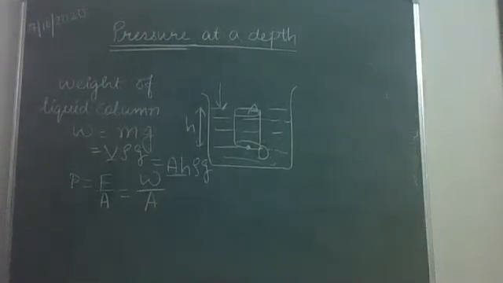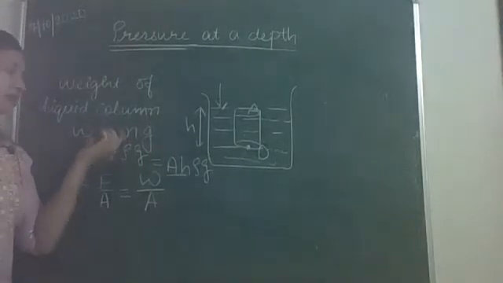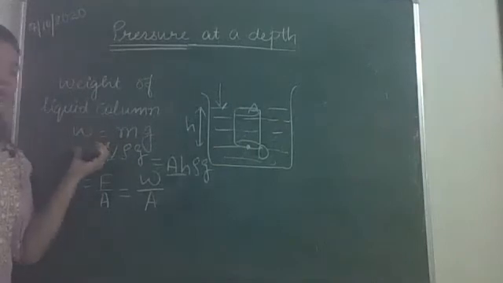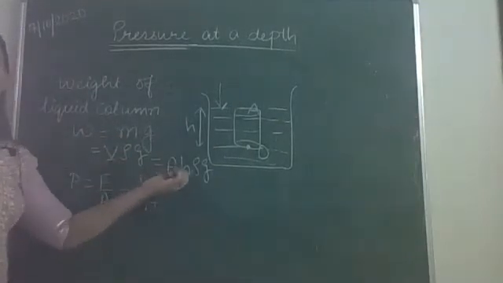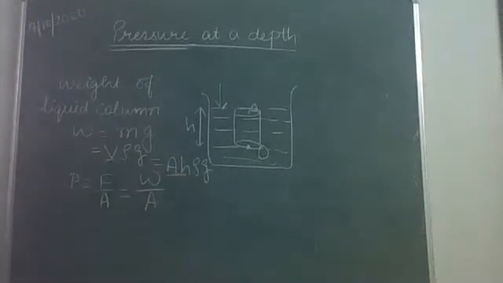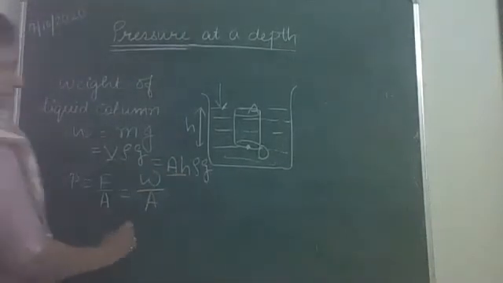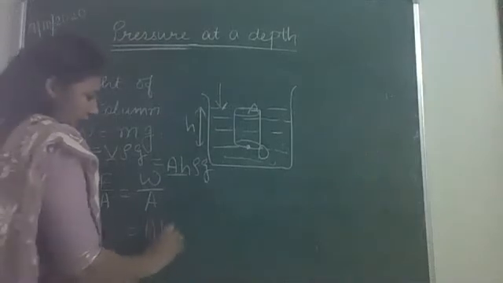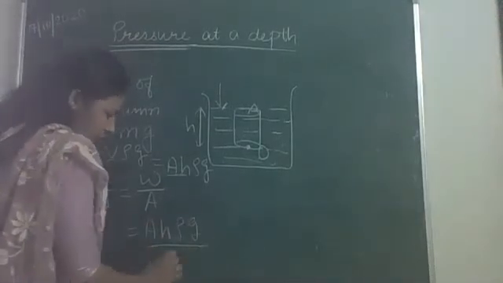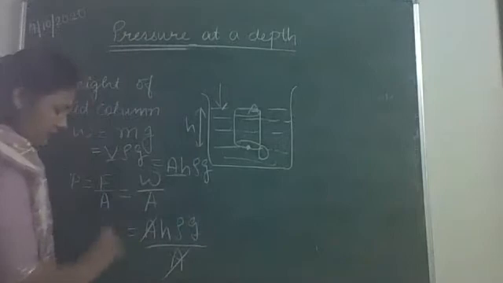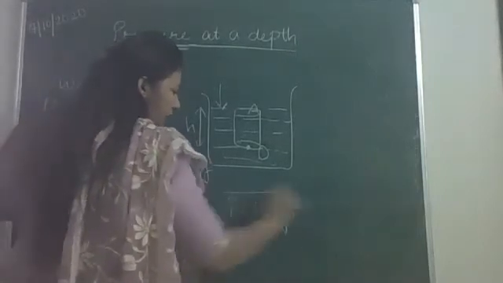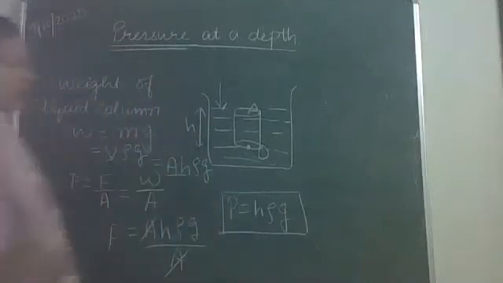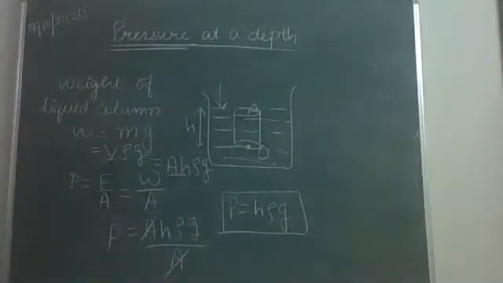So we have found the force acting on this liquid column, which is equal to its weight mg, and mass is volume into density, and volume is area into length of this liquid column. So put it here: A h rho g upon A. Area gets cancelled, and we get the formula for pressure at that depth, at that point O, that is h rho g.